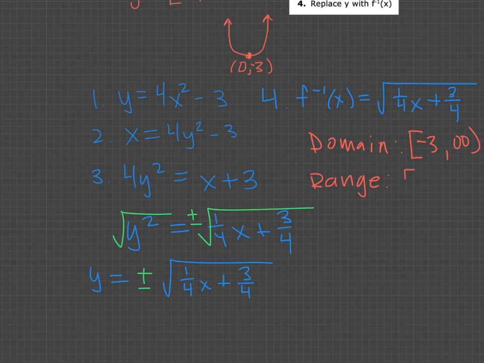So that's 0 to positive infinity. All right, so that actually tells us that we want that plus out in front and not the negative, because we only want positive results for that function. If we had a negative out in front, that would make all the results negative.